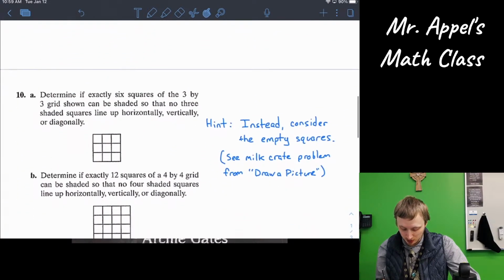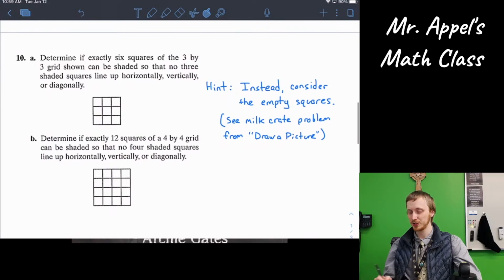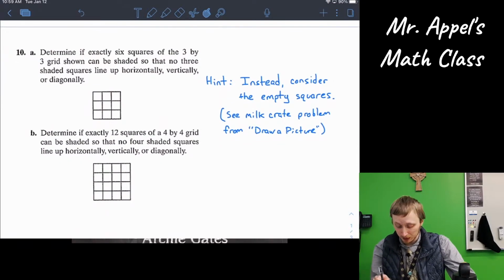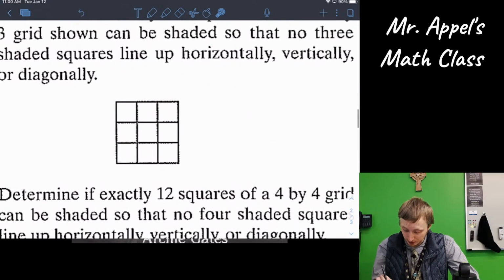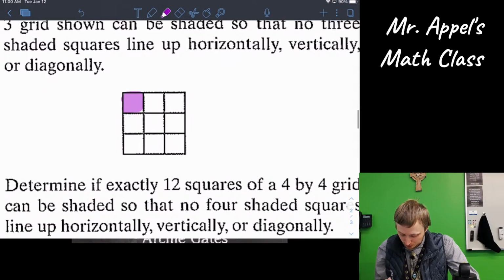And the third level 1 problem comes from question number 10. Determine if exactly 6 squares of the 3 by 3 grid shown can be shaded so that no 3 shaded squares line up horizontally, vertically, or diagonally, right? So they're talking about, can I go in here and start coloring in, shade 1 square, and then we'll shade the next square, right?